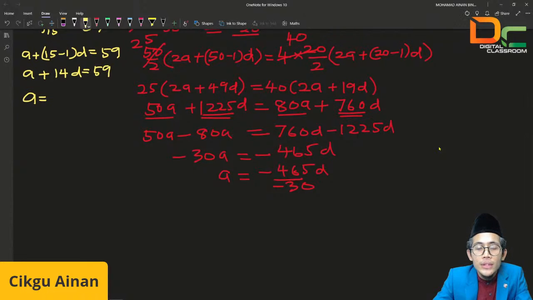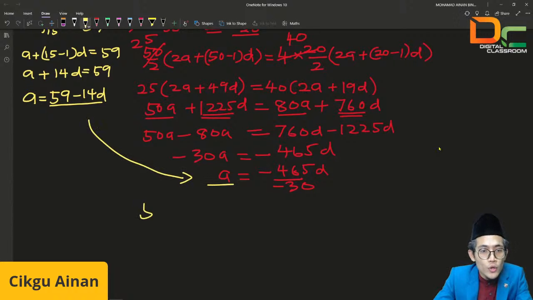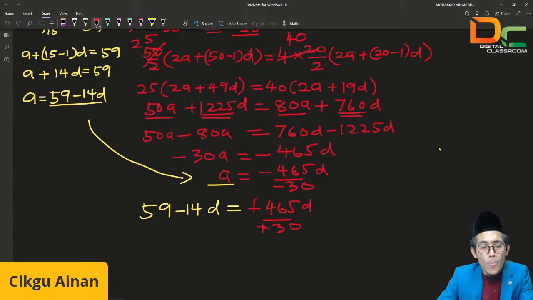From the yellow part, we get A equals 59 minus 14D. And then we substitute this whole lot of A and put it over here. So 59 minus 14D equals minus 465D over minus 30. Make it positive, easy.